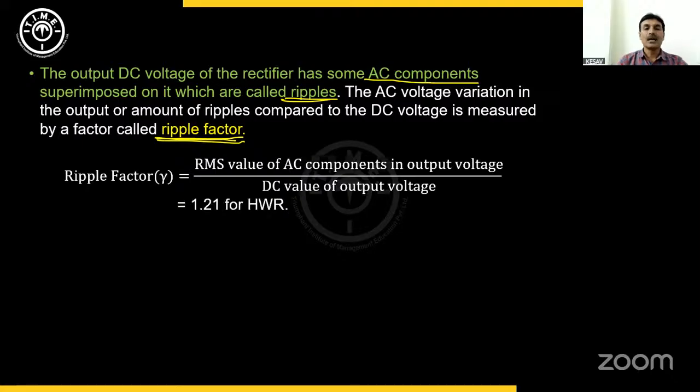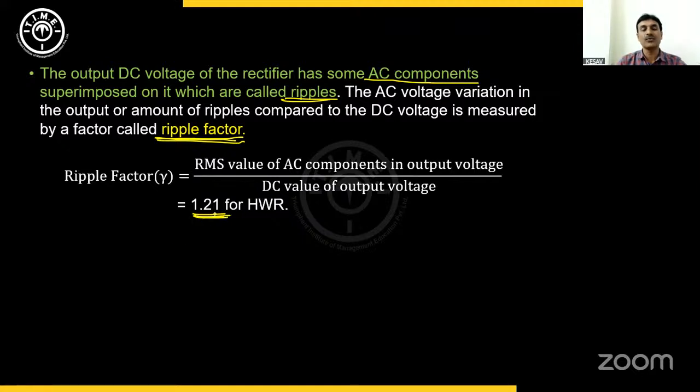Right. Now, the content of a ripple, expressed as ripple factor, is given by the RMS value of AC components in output voltage, RMS stands for root mean square value, divided by DC value of output voltage. And this value comes out to be 1.21 for half wave rectifier.